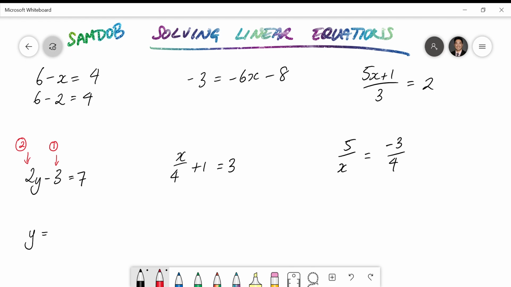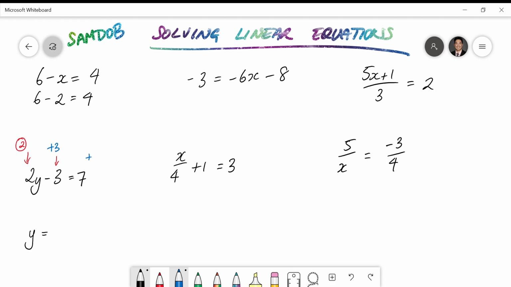To get rid of a negative 3, we're going to add 3, because they cancel each other out. And because we're dealing with an equation, we want to balance both sides. You can't just add 3 on the left and do nothing on the right, because then you're making modifications without balancing both sides.